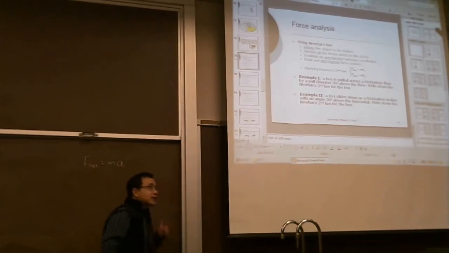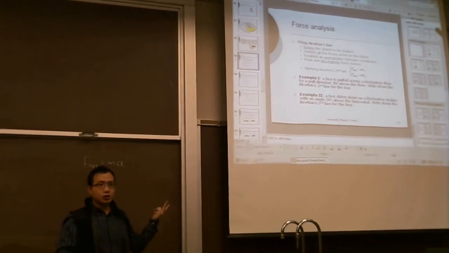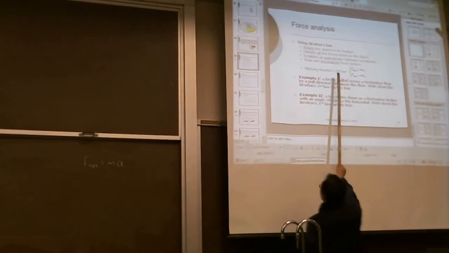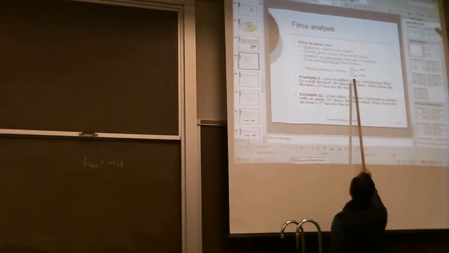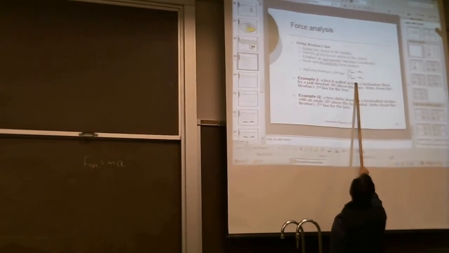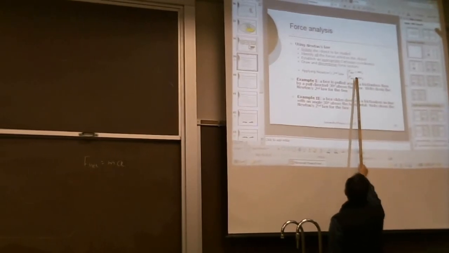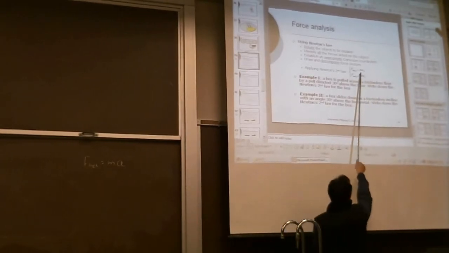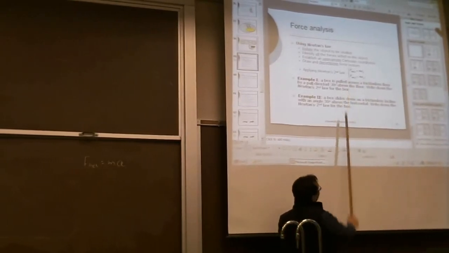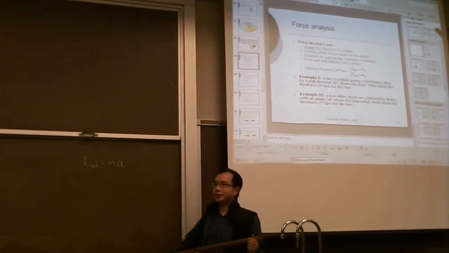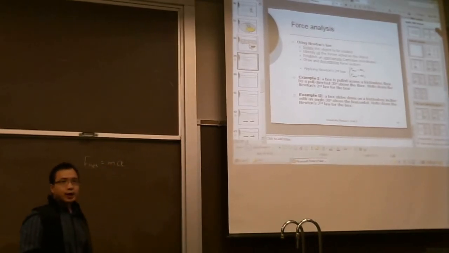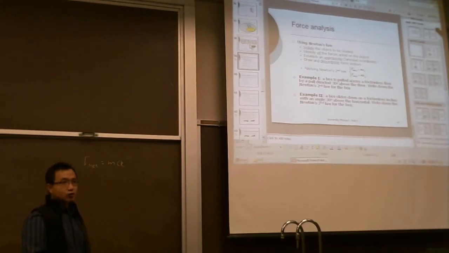Then, once you have the x and y components, you can write down Newton's second law in the x direction and y direction. The force along the x direction will give you ax. The force along the y direction will give you ay. Or sometimes we know ax or ay, and we can go back to find the forces.